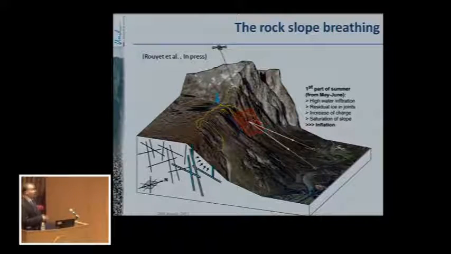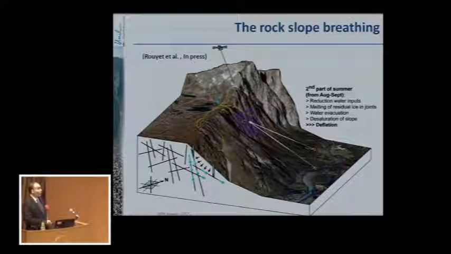And what happens is that when the fractures are filled by water, then this part is going out. And then in July, August, when the frozen part disappears, then the water evacuates.